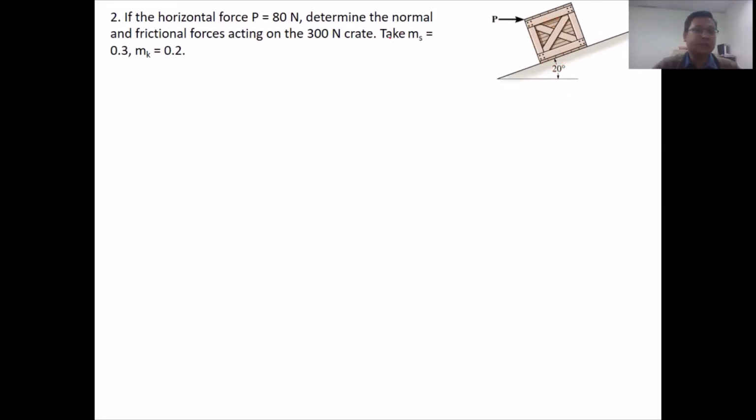Determine the normal and frictional force acting on a 300 Newton crate, if we consider mu static equal to 0.3 and mu kinetic equal to 0.2. Okay, as usual, before we complete the calculation, we should create the FBD first.